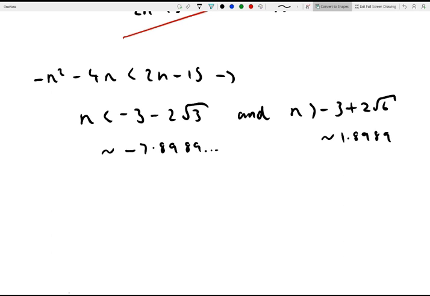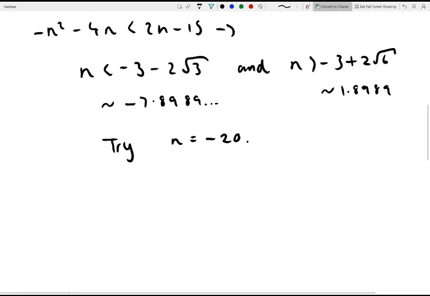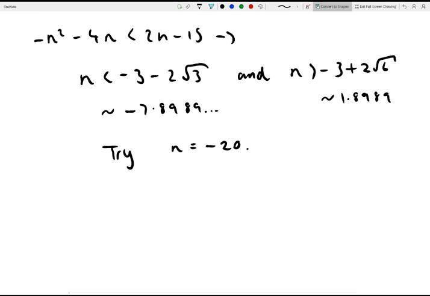And the best thing you can do is just try a value that's inside or outside. So let's try n equals minus 20 and substitute it into the inequality.